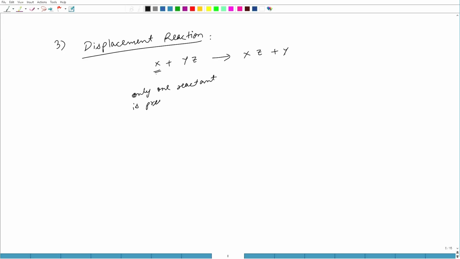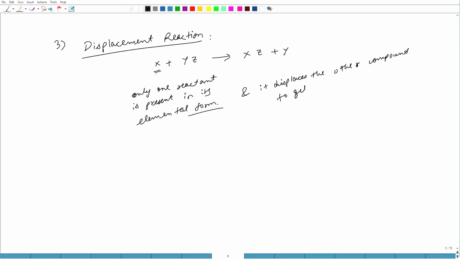So one reactant is present in its elemental form and it displaces the other compound.